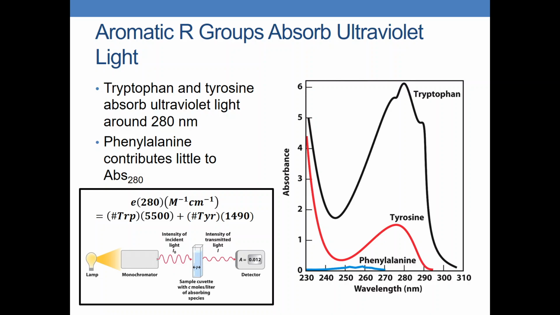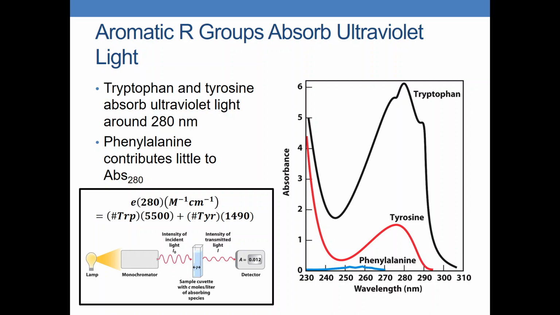Remember here, the extinction coefficient is the probability of absorbing a photon of light at a given wavelength. So if you look at the plot of absorbance over here, at 280 nanometers, tyrosine has a defined likelihood of absorbing a photon.